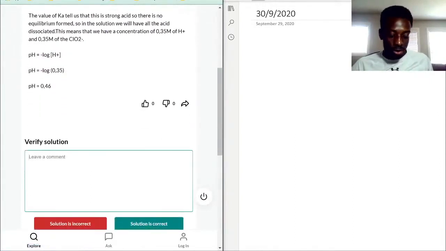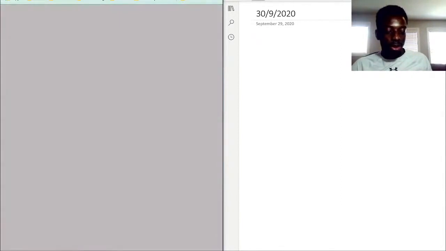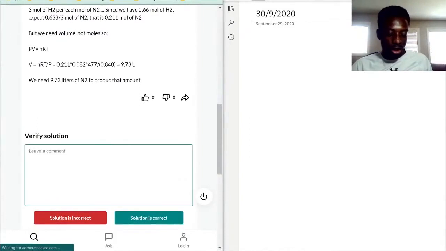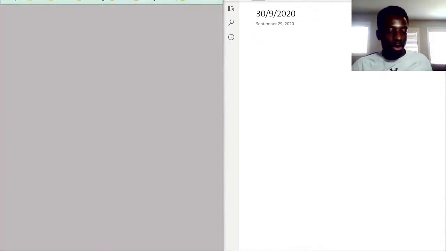This is wrong because it is not a strong acid. It is a weak acid. Use an ICE table. Okay. And for this question here, we discussed that this is correct, although there are ways to go about it, but just go with PV equals nRT if you're always unsure.